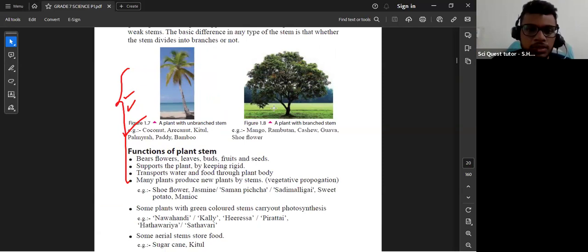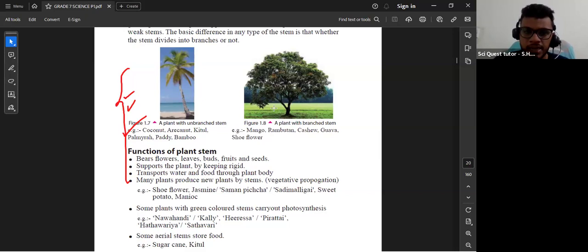Right. Number three, transports water and food through the plant body. Transports what? Water and food. Now, what does that water and food mean? Plants do not eat food. They produce food actually. After that food is produced, it should be transported to the other parts, especially the leaves and branches, for the growth of the plant.